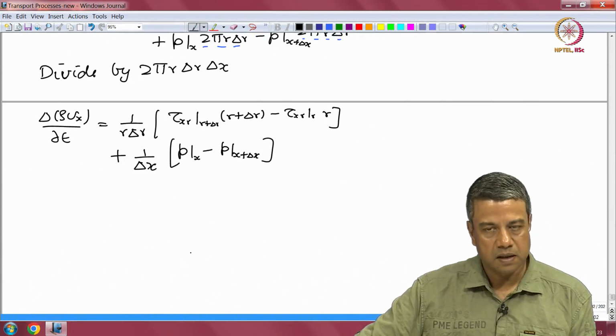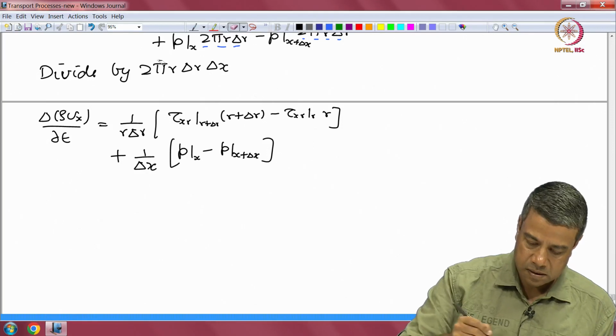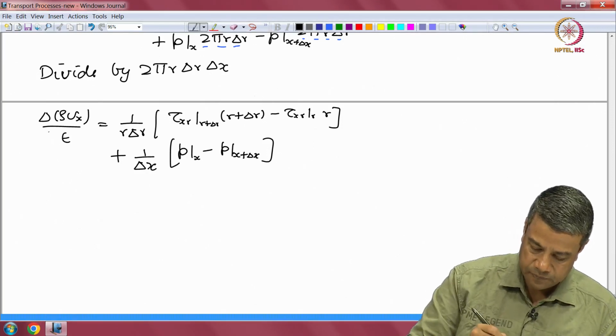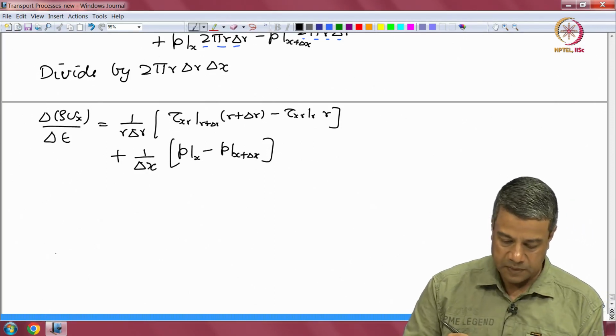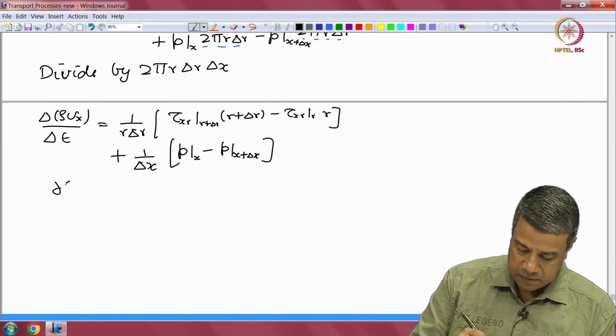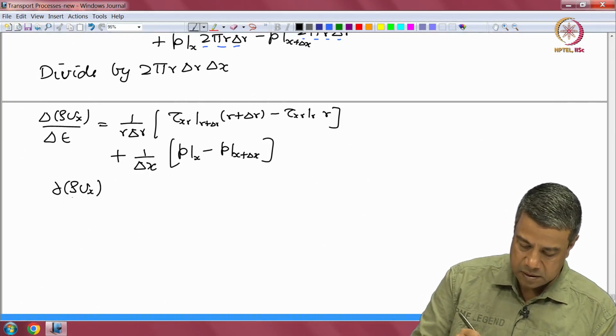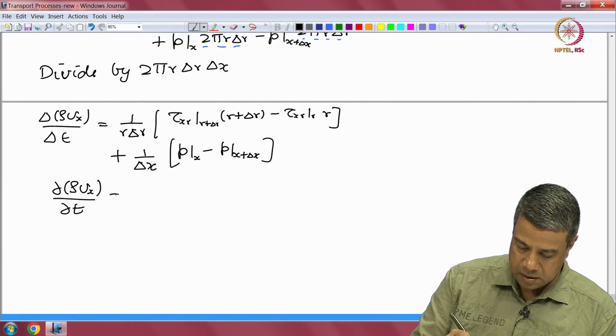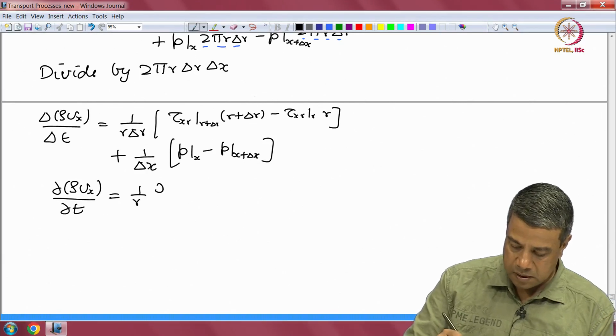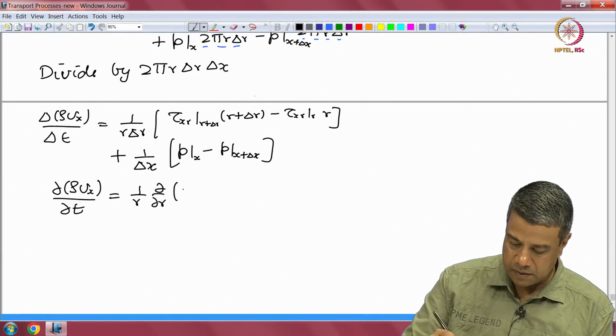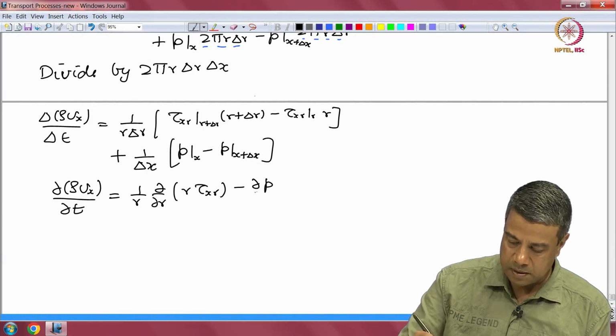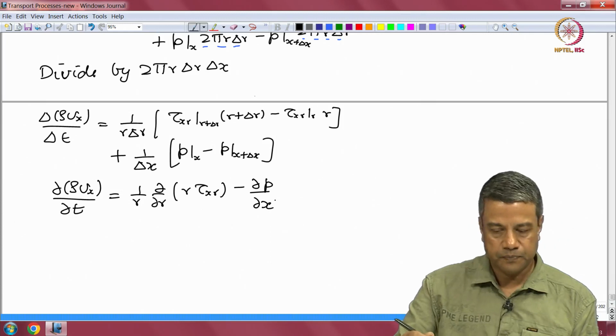Take the limit delta t, delta x, delta r all go to 0. I will get partial of rho v x by partial t is equal to 1 by r d by dr of r tau x r minus partial p by partial x.